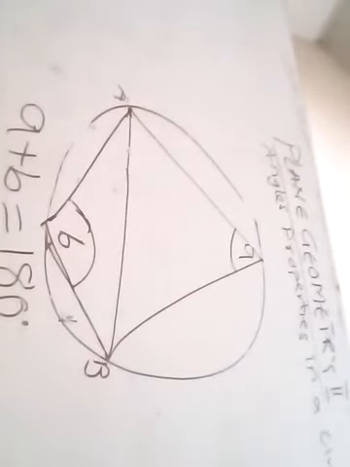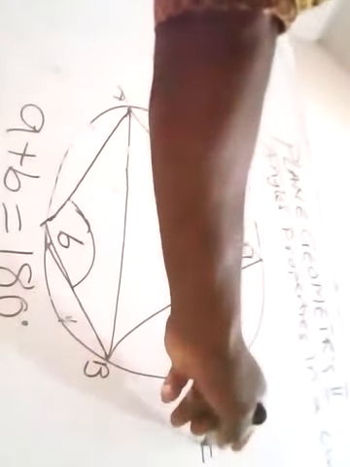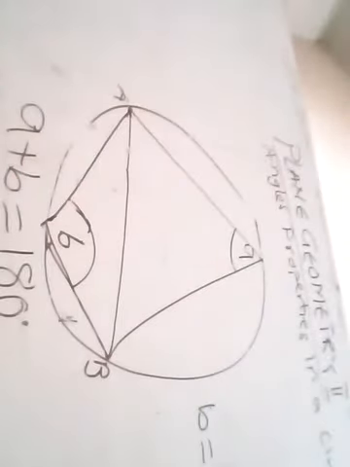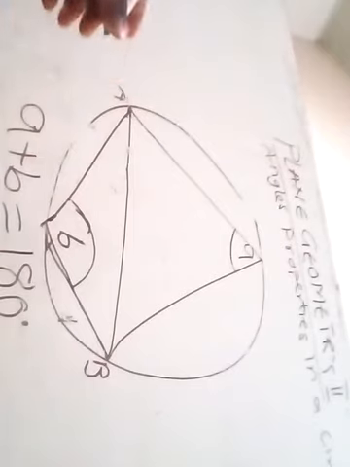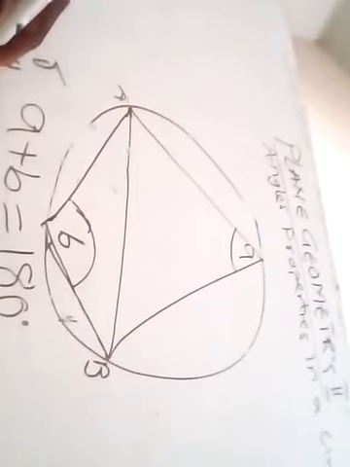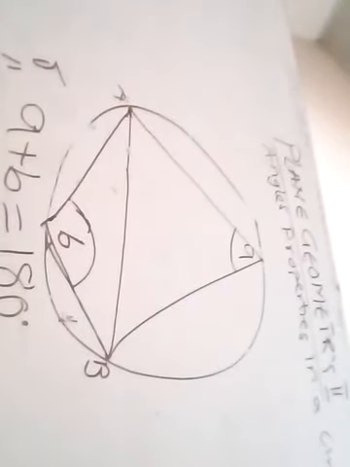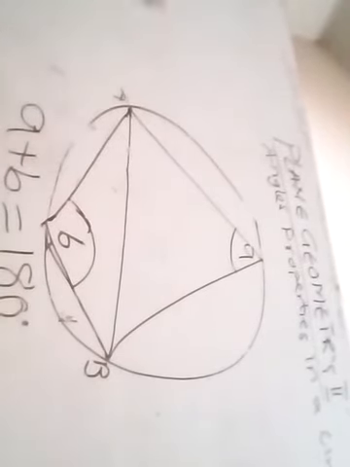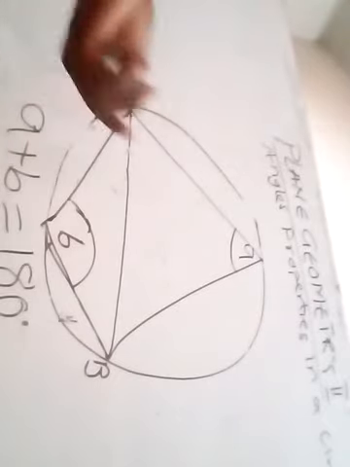So how are you going to get B alone? B is equal to 180 degrees minus A. In case you are not given B and you are asked to find B, and you are given A, you can find it.